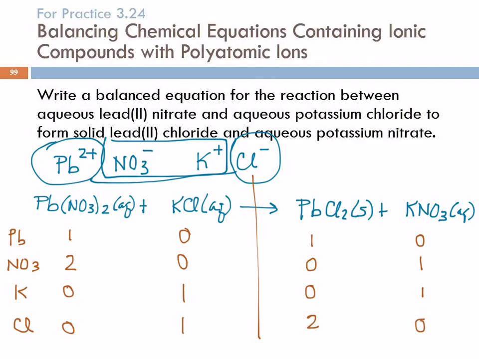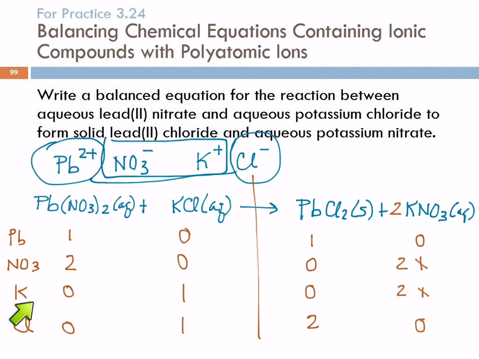Then I'm just going to go down the list here, and I'm going to look at lead, and I've got one on this side and one on that side. That's balanced. I've got two nitrates on this side. I only have one on the right side. So I need to put a coefficient in front of the whole formula, and that multiplies the nitrates and the potassiums. So now nitrate's balanced.